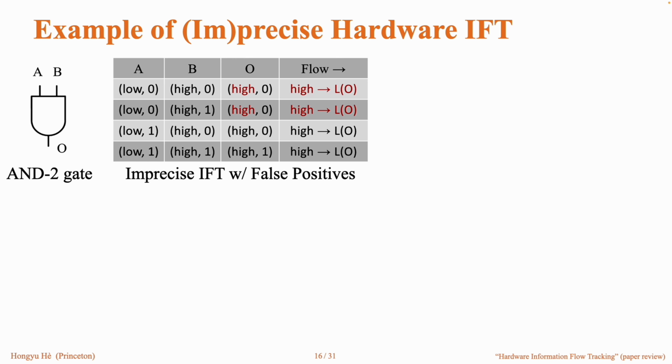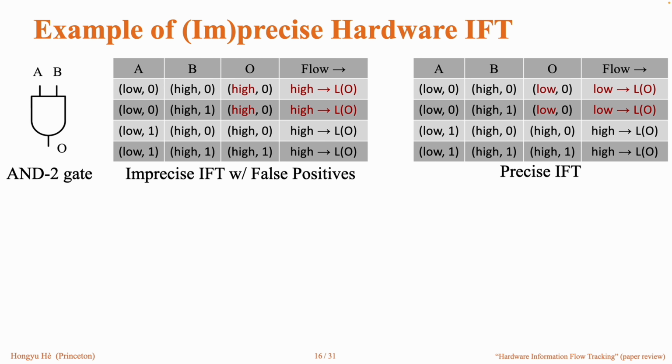Regardless of what this circuit is actually doing, as long as there is a high input, we take the least upper bound of both of them, and we label the output as high, so it's imprecise. But if we look at what the AND gate is actually doing, then a low input will falsify the output, although one of the inputs is high. So this is what we mean by preciseness.